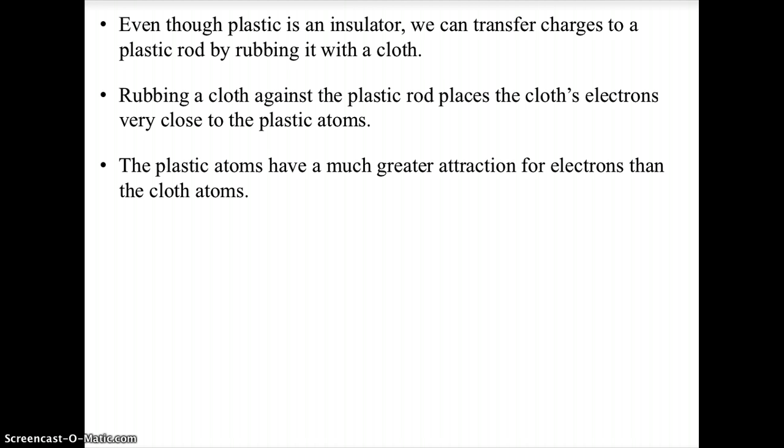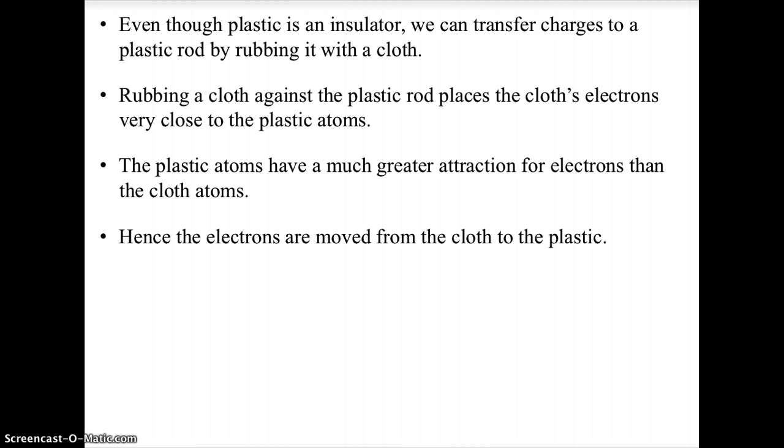And we know that plastic atoms pull very strongly on the electrons. Cloth atoms, on the other hand, don't pull so strongly. That's what makes cloth kind of a conductor, right? Because it has free electrons. Plastic atoms pull strongly on electrons.